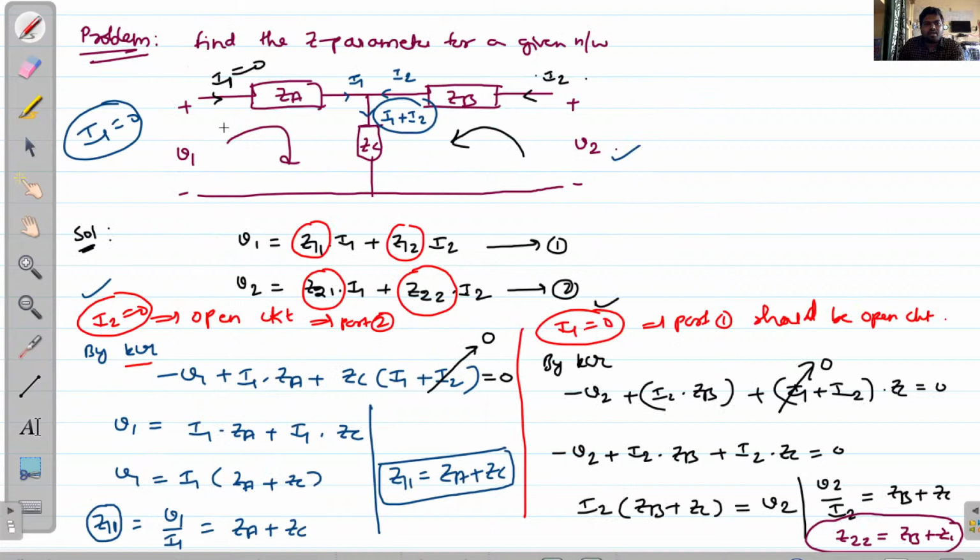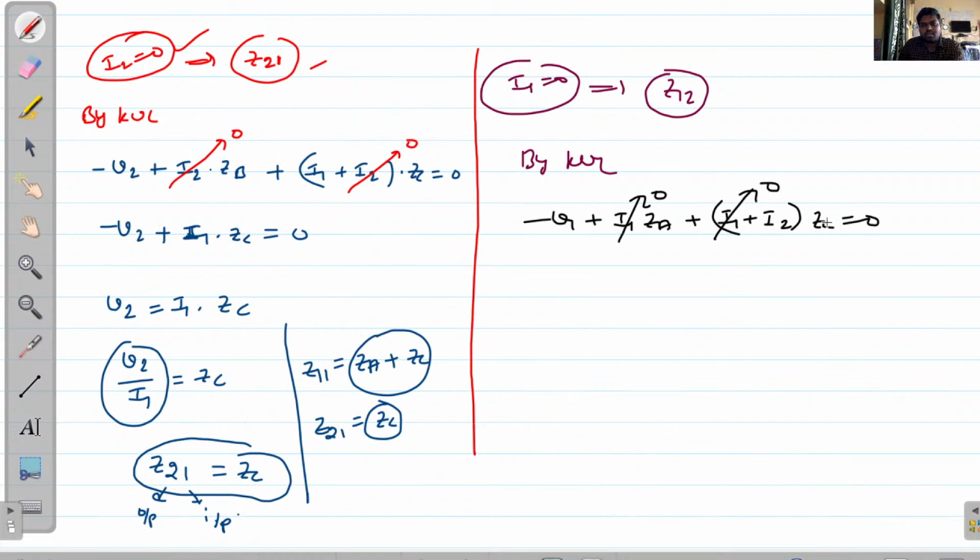So minus V1 plus I2 into ZC equals 0. From this, V1 equals I2 into ZC, and V1 by I2 equals ZC.